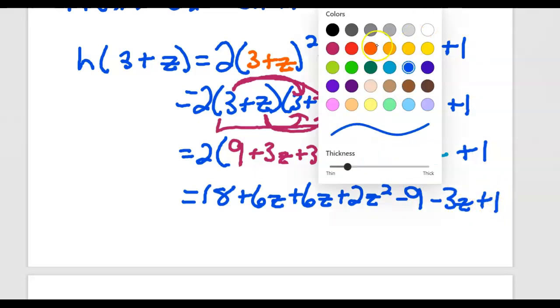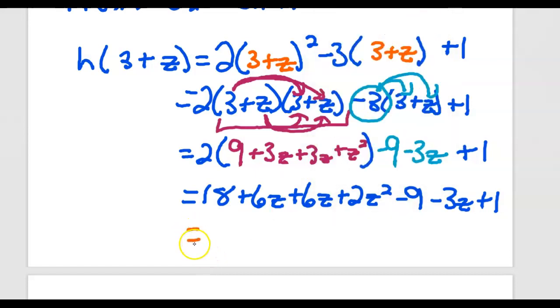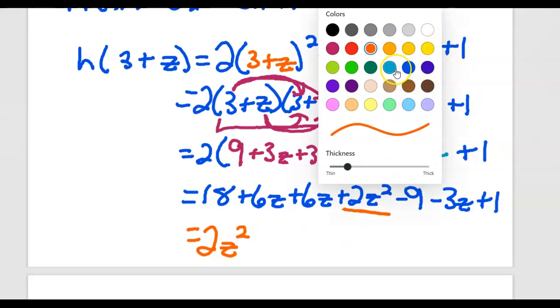And then I'm going to start combining like terms. When I combine like terms, I'm always going to start with the variable with the largest exponent. So that's my 2z squared. I don't have any other z squareds, so I'm going to leave it, 2z squared. Then I'm going to go to my z's.